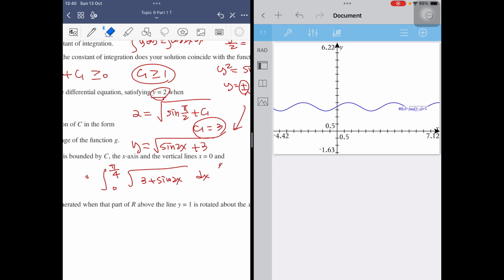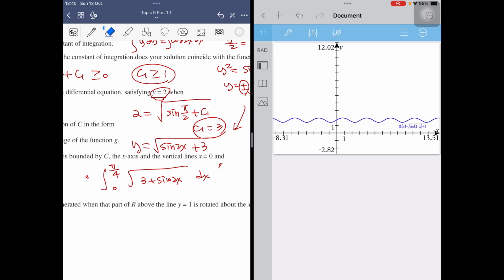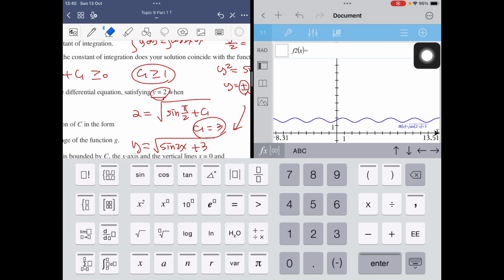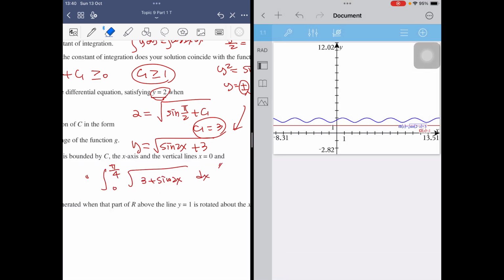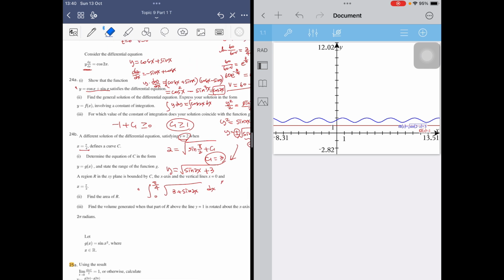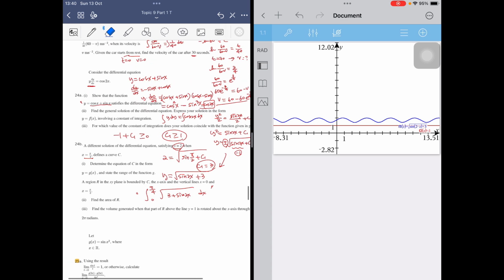And y equals 1. Above the line y equals 1, this is already positive, from 0 to pi over 2.